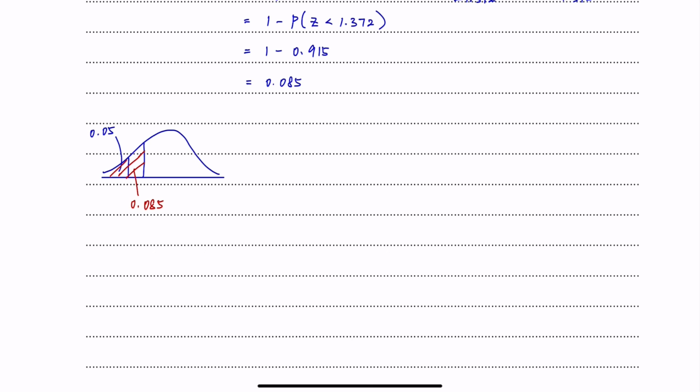And we can see that 0.05 is the rejection region, and the test statistic clearly didn't fall into the rejection region, right? It's still in the acceptance region over here. That means we would need to accept H0. So 0.085 is larger than 0.05, so we accept H0.